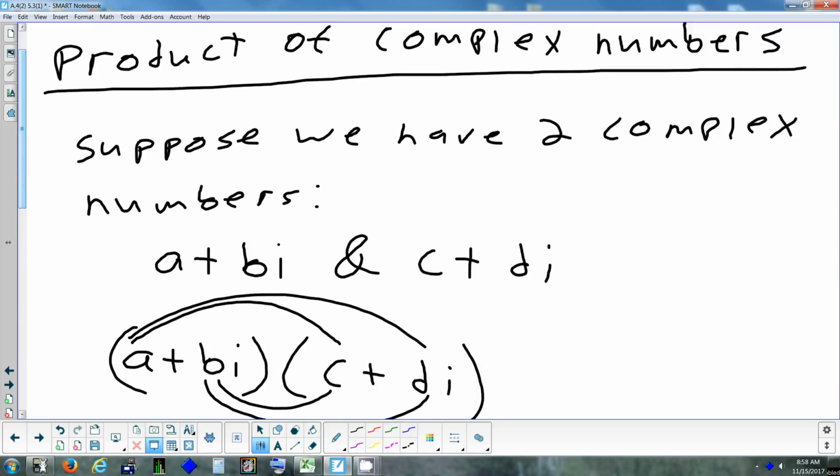So if we were going to do this all out, you multiply a times c, and then a times di, c times bi, and then bi times di. Multiply all that out. When you do that, there is one multiplication that's going to result in an i squared. It's when you multiply the last term in each parenthesis together. And we just talked about what you have to do with that.